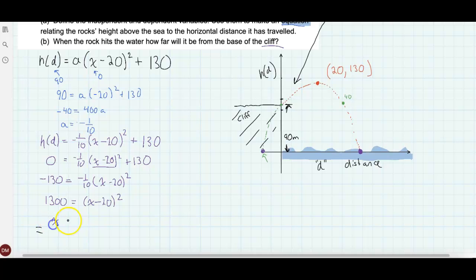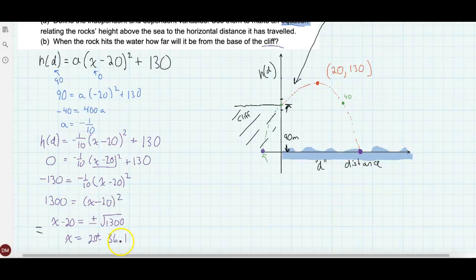I'll have x minus 20 is equal to plus or minus the square root of 1,300. So x equals 20 plus or minus the square root of 1,300, which is 36.1.